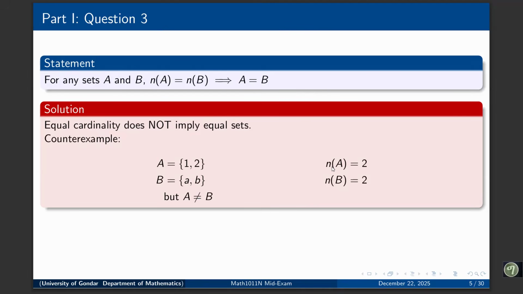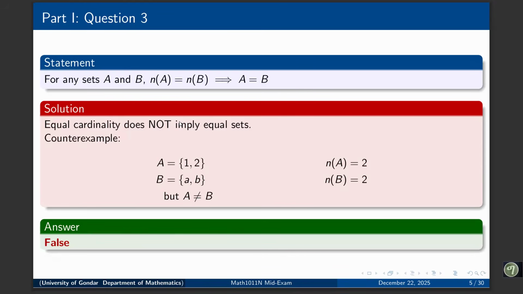A and B have the same number of elements, but as you can observe clearly, these two sets are not equal. Therefore, having the same number of elements is not a sufficient condition for two sets to be equal. Therefore, this statement is false.